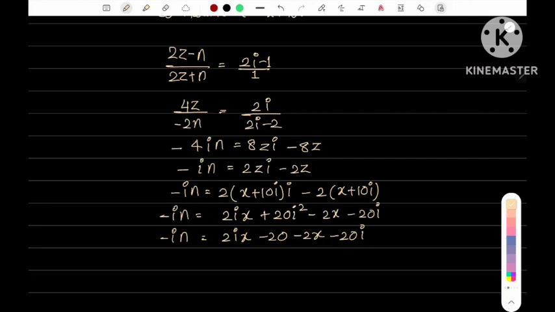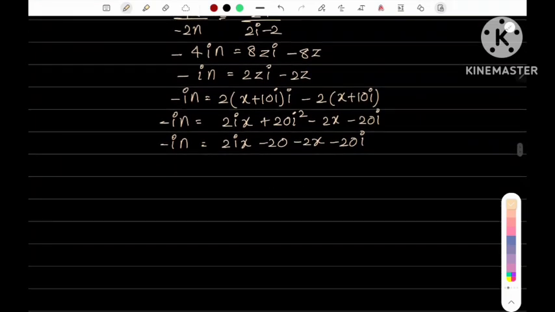Let us take everything on one side. So I will get 20 plus 2x plus 20i minus 2ix minus in equal to 0. Okay, I have taken everything on left hand side.